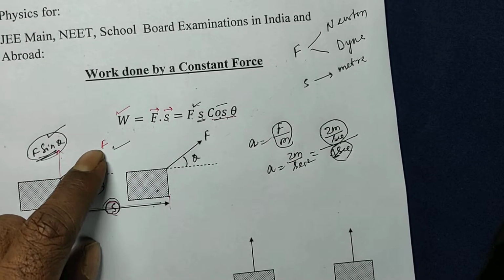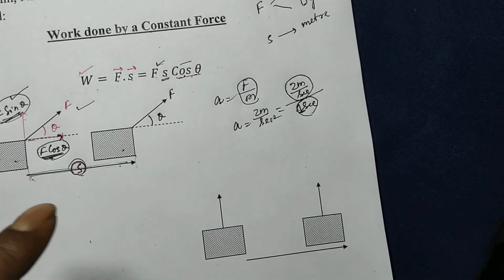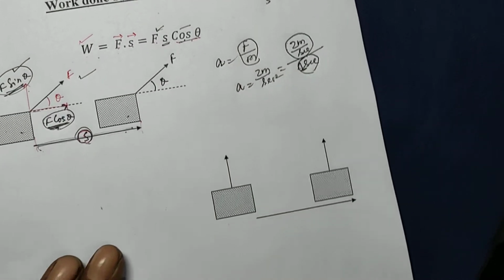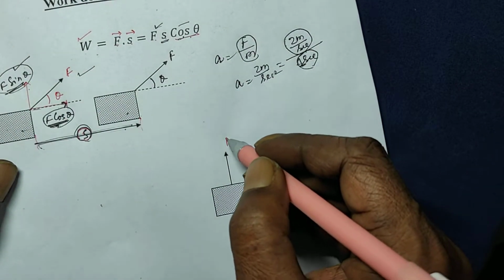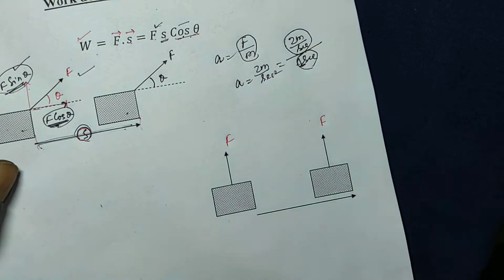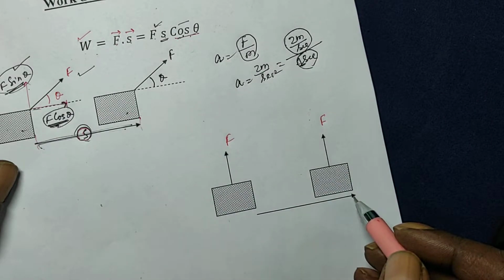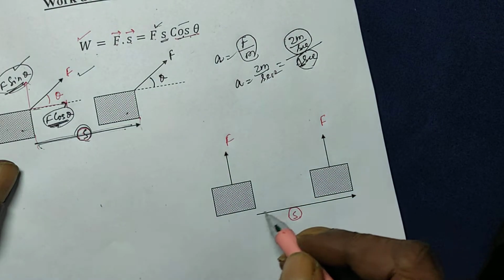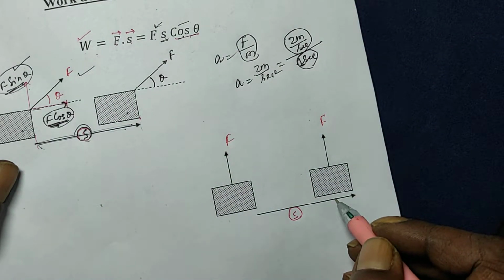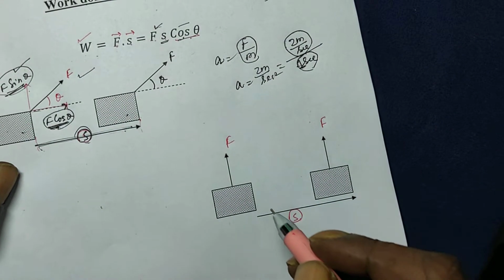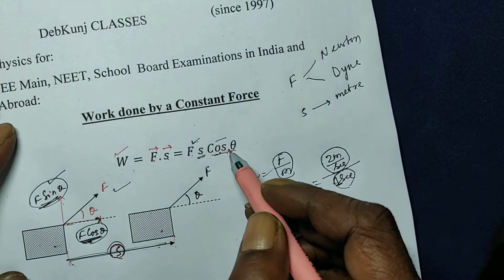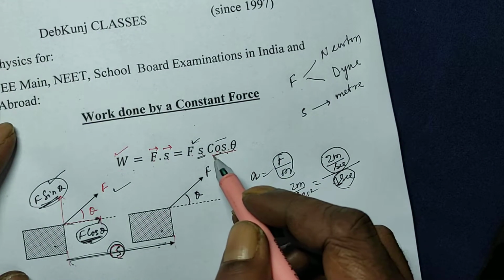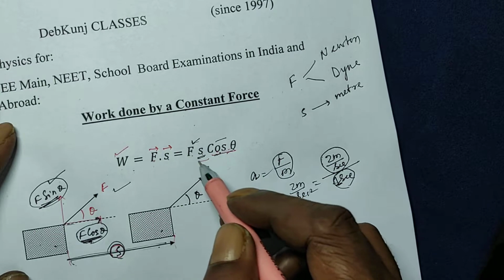The same force F, I have represented it here. Now the displacement is to this side, let it be S, and the angle between this F and this S is 90 degrees. So if you put cos 90 here, cos 90 is 0. 0 times S times F is equal to 0.